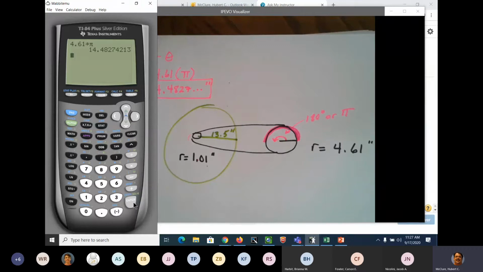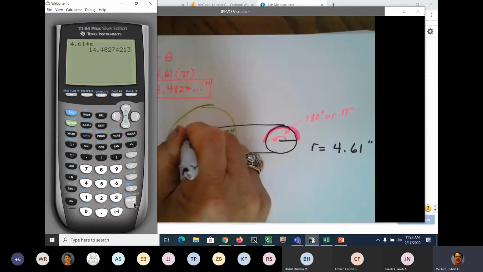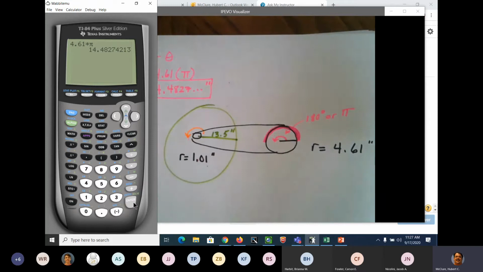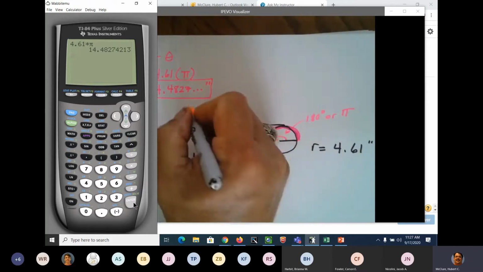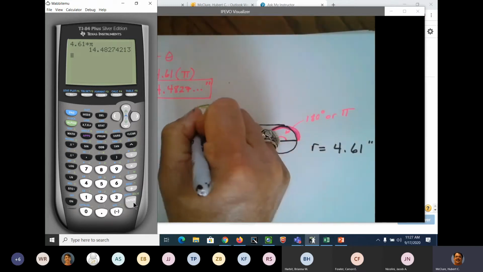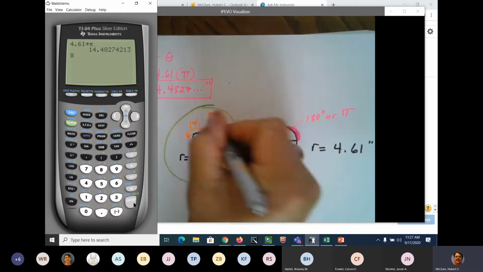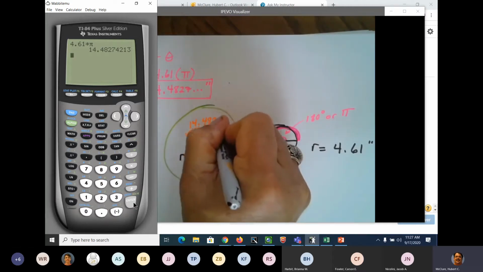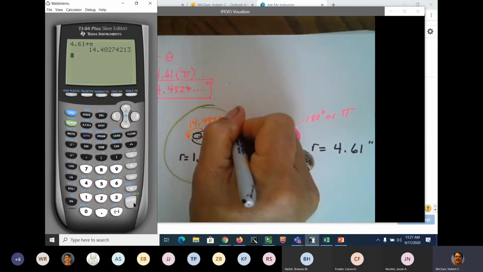So I'm going to use a different color. Not the pink, I've already used pink. Let's use orange. So this guy has got to go around 14.4827 inches.